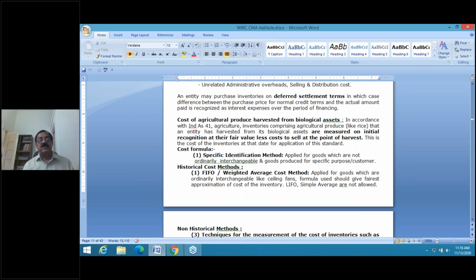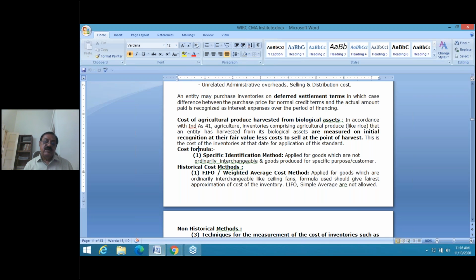Now, which cost formula you have to apply? So this also comes in your costing, and I think you are much aware. Goods are of two types: ordinarily interchangeable, ordinarily not interchangeable. Now I am talking of first, goods not ordinarily interchangeable. That is, the goods produced for a specific purpose or for a specific customer, as per the requirement of the customer.